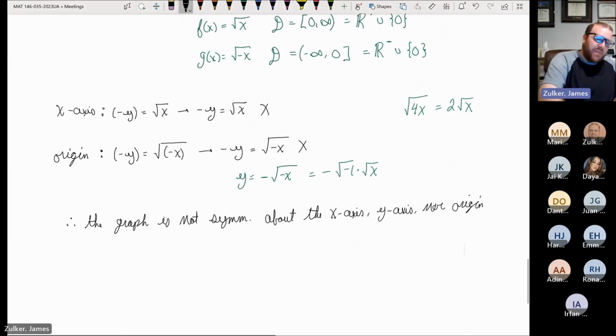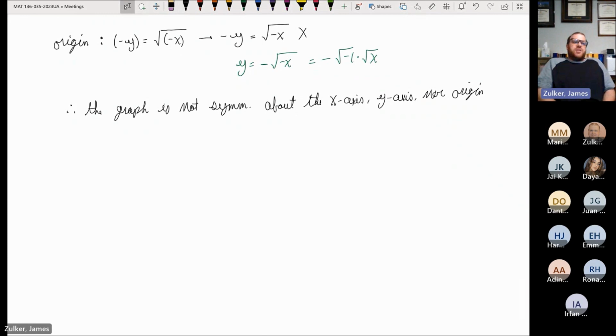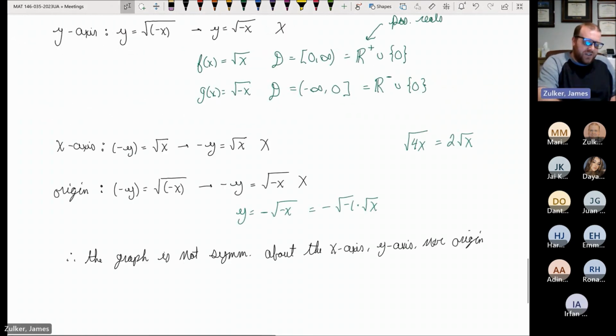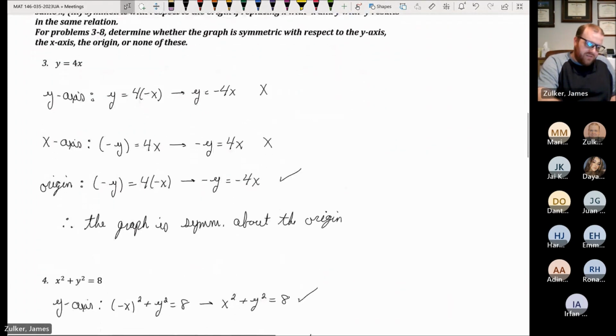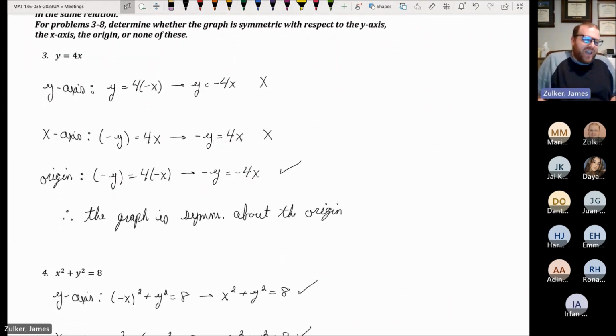However, I can easily come up with a relation that doesn't have any of these 3 symmetries, but still has symmetry. It would be just as it was in the instructions. It would say, determine whether the graph is symmetric with respect to the y-axis, x-axis, origin, or none.